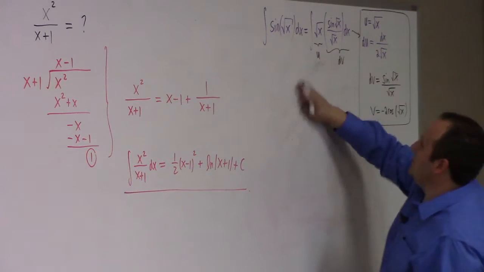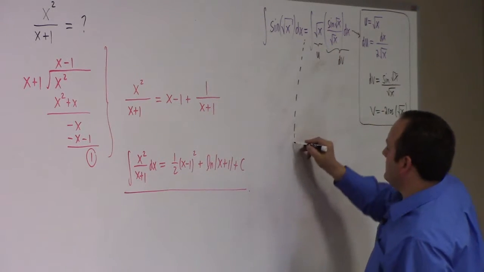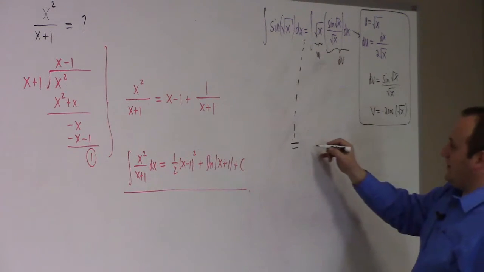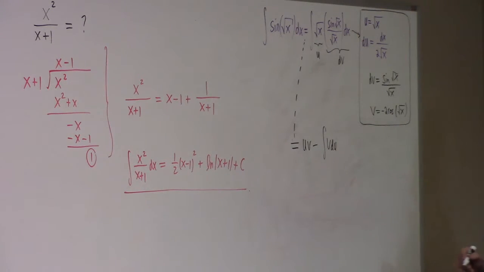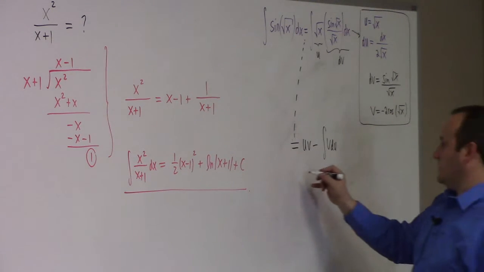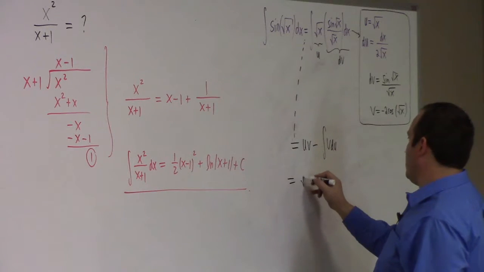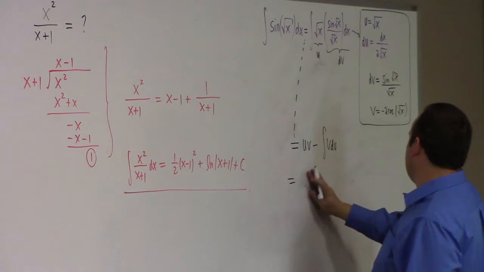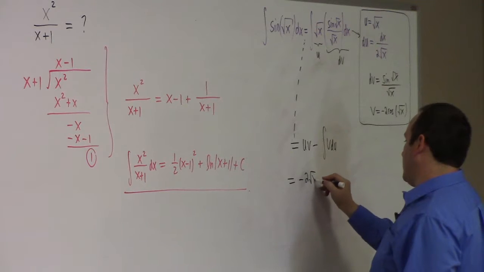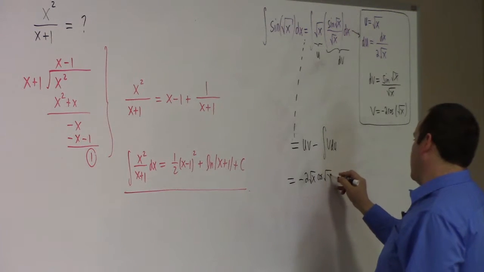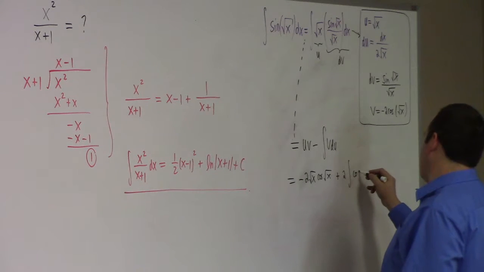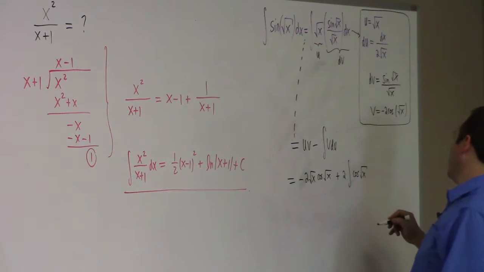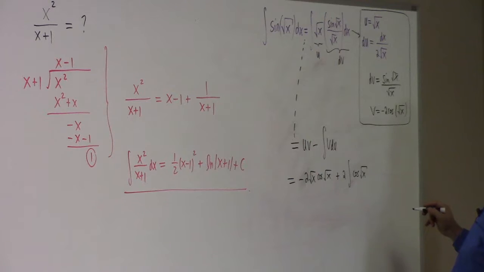So again, as usual, uv minus the integral of v du. And so this boils down to what here? Let me bring the minus 2. So minus 2 square root of x cosine of the square root of x plus 2 times the integral of cosine of the square root of x, and then what's my du? dx over 2 square root of x, right?